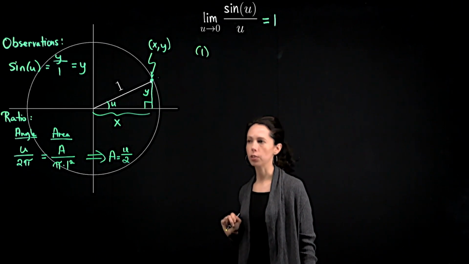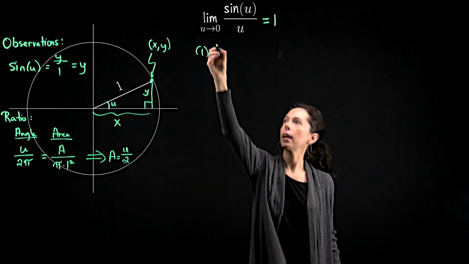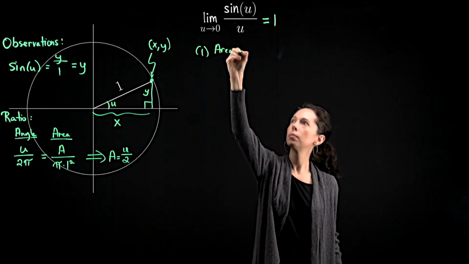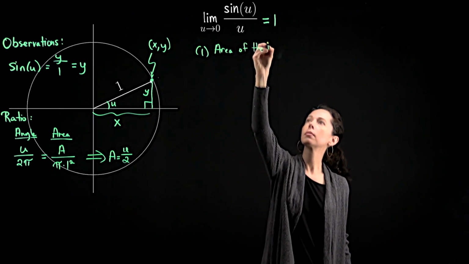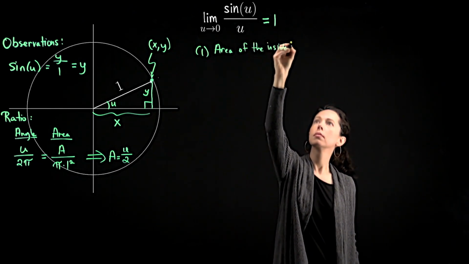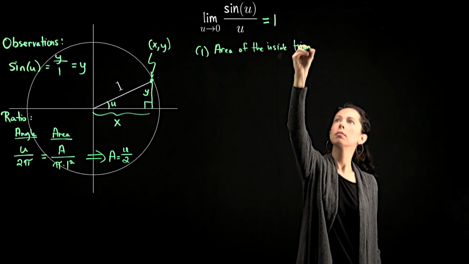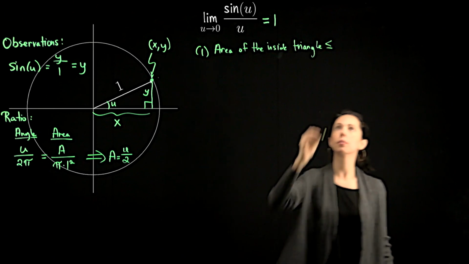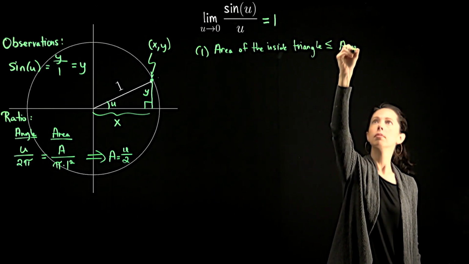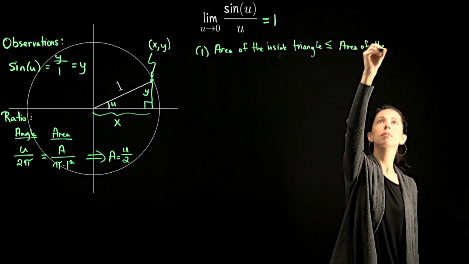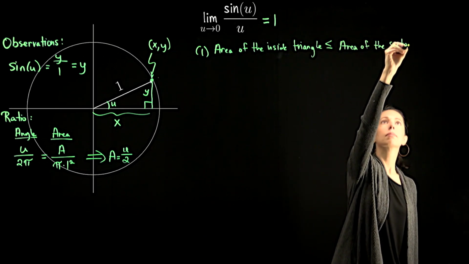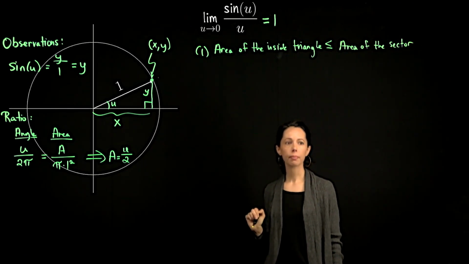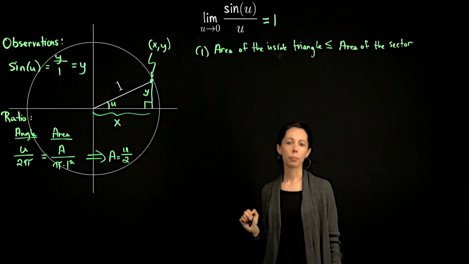It's going to be the first of 2 inequalities. The area of the inside triangle is less than or equal to the area of the sector. Okay, we can compute both of those areas.